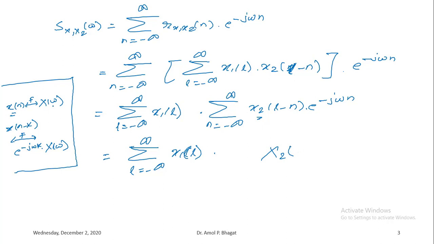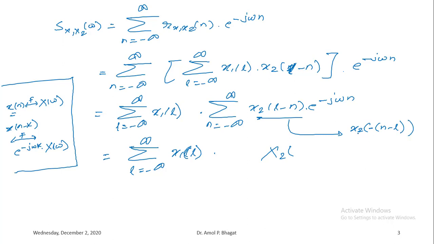Okay, but as we can see here, this x2 is basically time reversed, right? Because this negative sign is there, we can rewrite this x2 of L minus n as x2 of minus of n minus L, right?